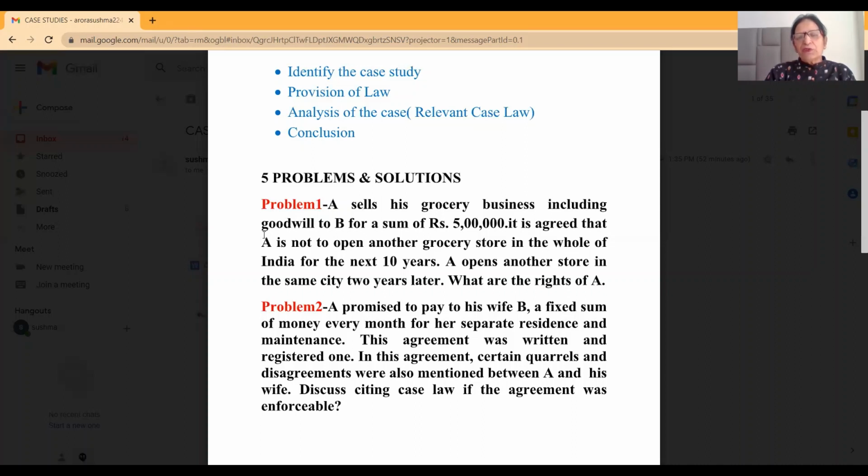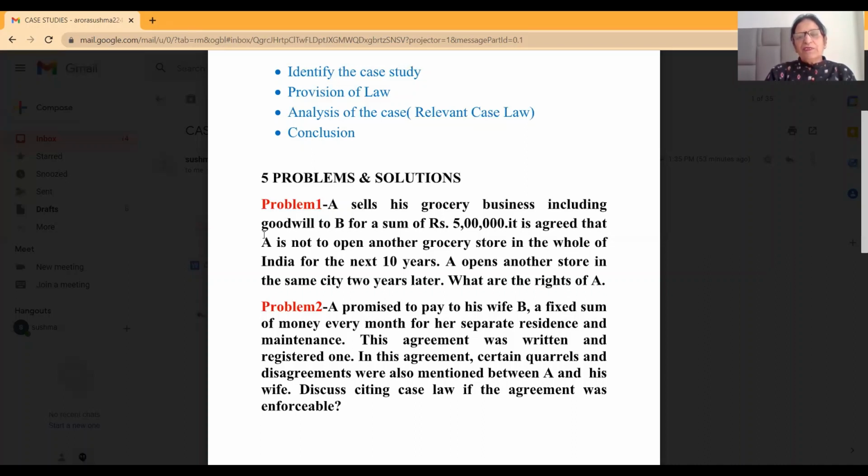A opens another store in the same city 2 years later. Now this restriction, whole of India, is unreasonable. So friends, as the restraint is unreasonable, it is not valid, it is void. But he opens another store in the same city 2 years later. Same city he cannot open.